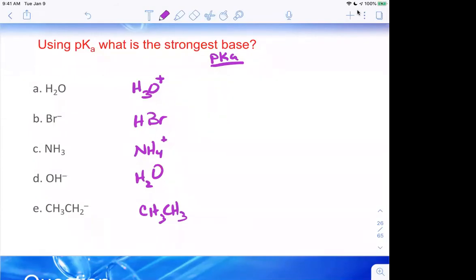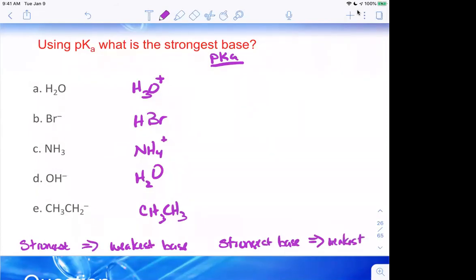This trend, the strongest acid is going to be the weakest base. The strongest base is going to be the weakest acid. So I have to look at these pKa values in order to go ahead and make this assessment.